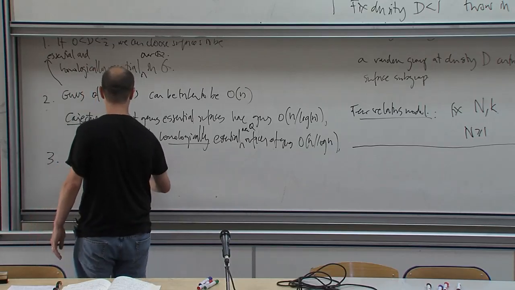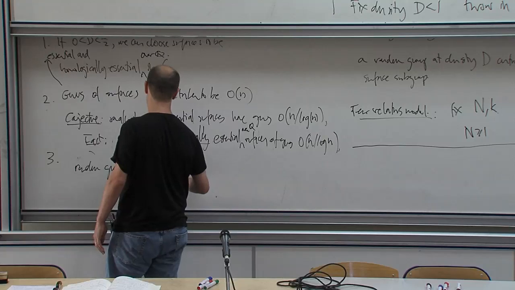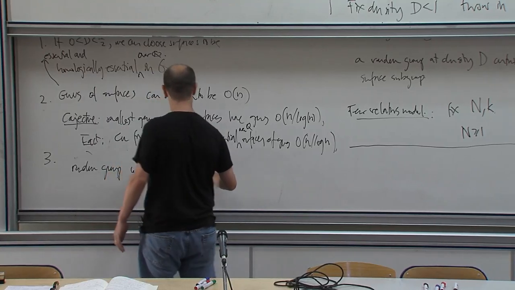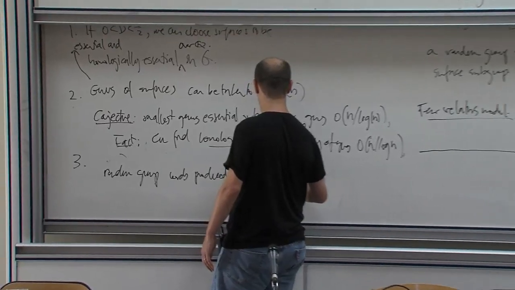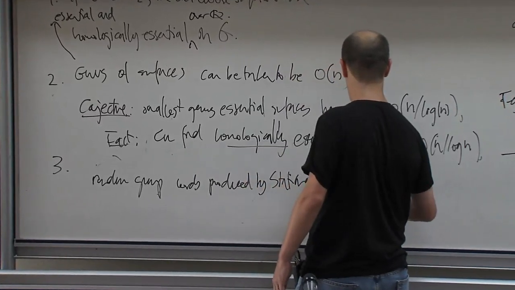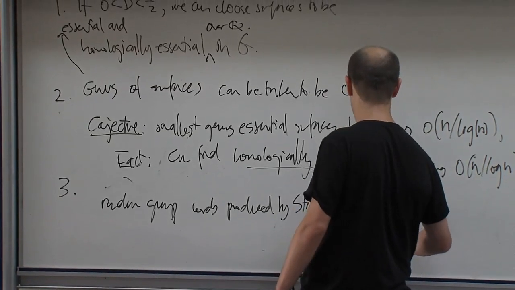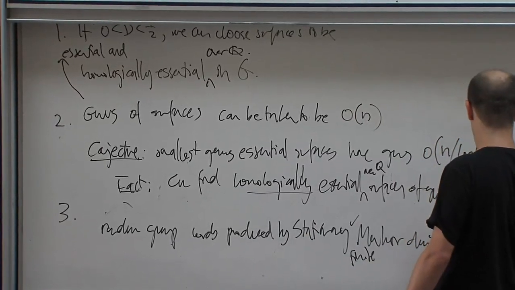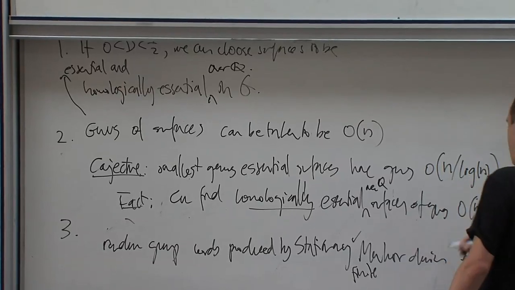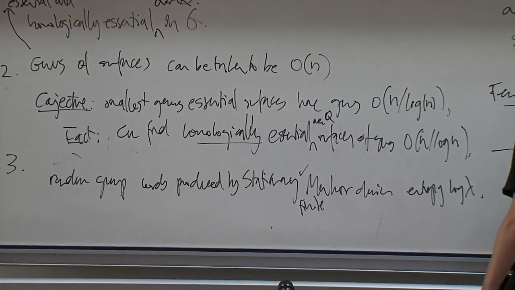group where the words are produced by a stationary finite Markov chain with entropy log lambda.